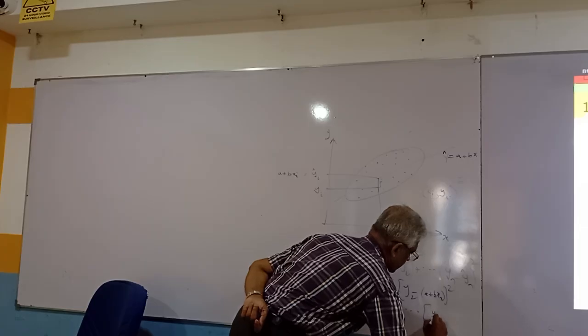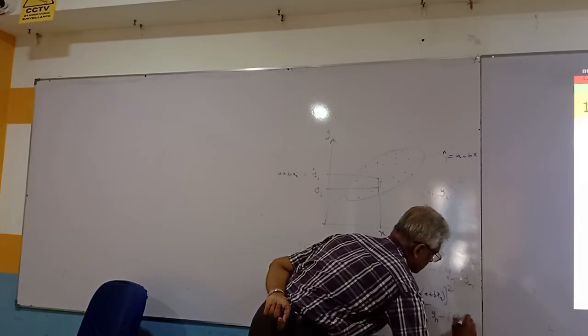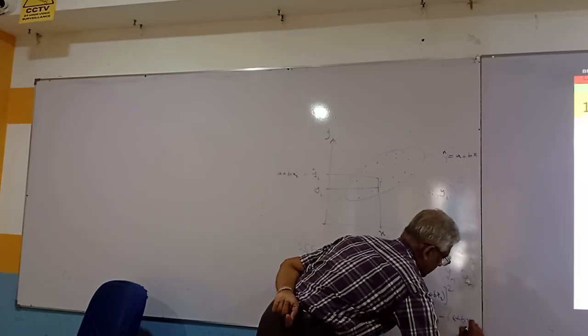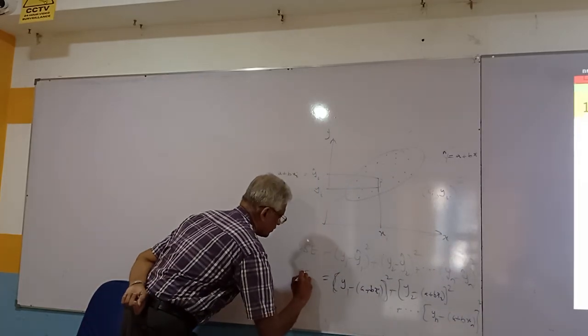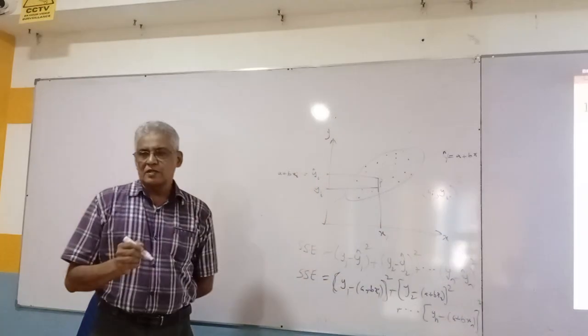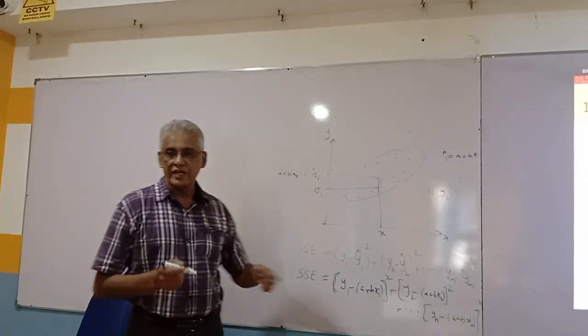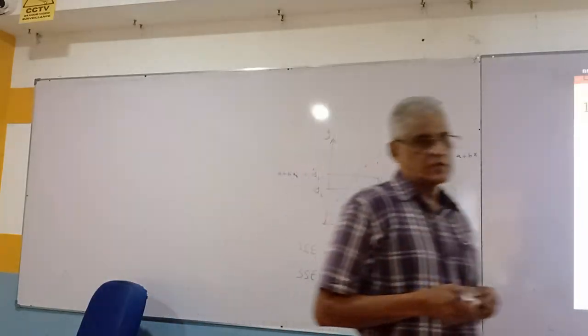Like that, yn minus a plus b xn, squared. So that is the sum of squares of errors. You can see that it is a function of a and b.